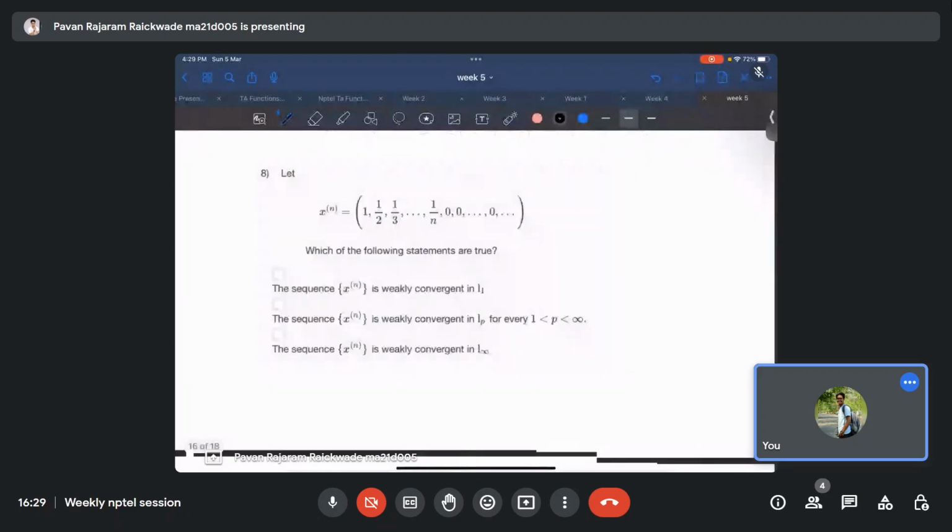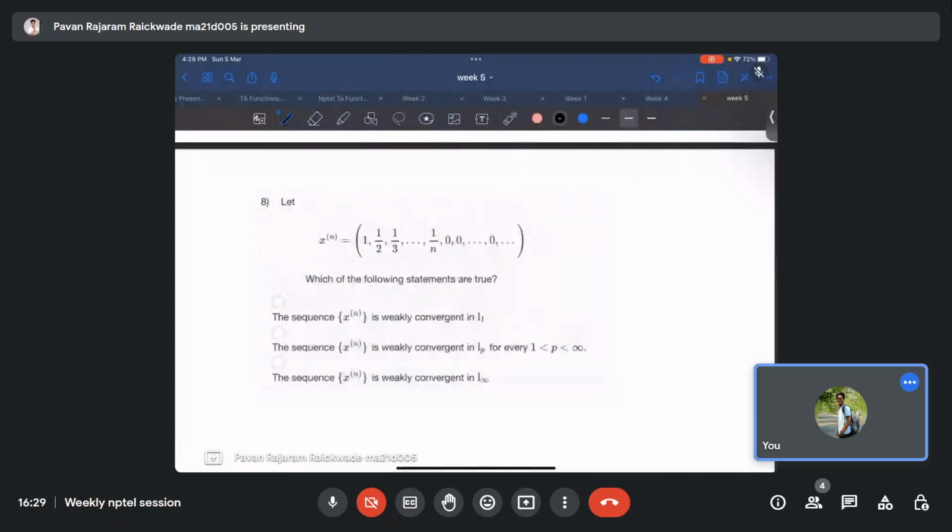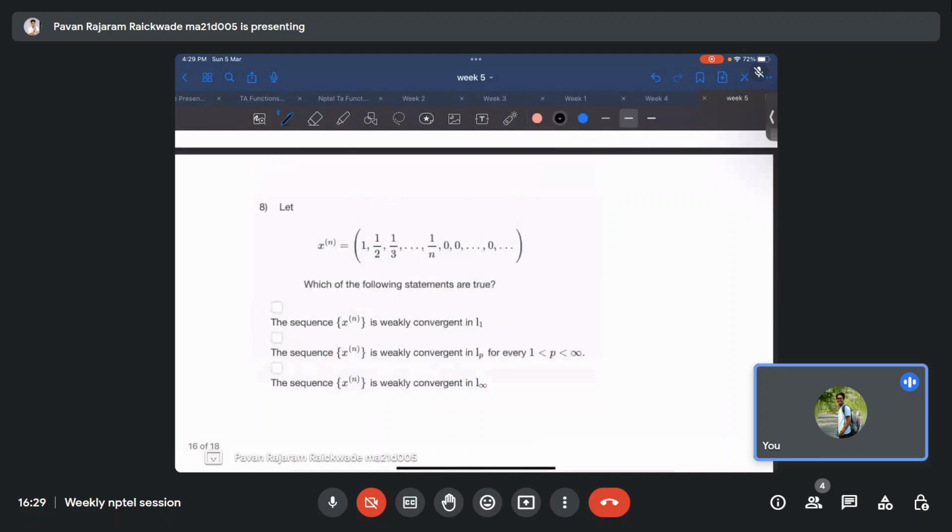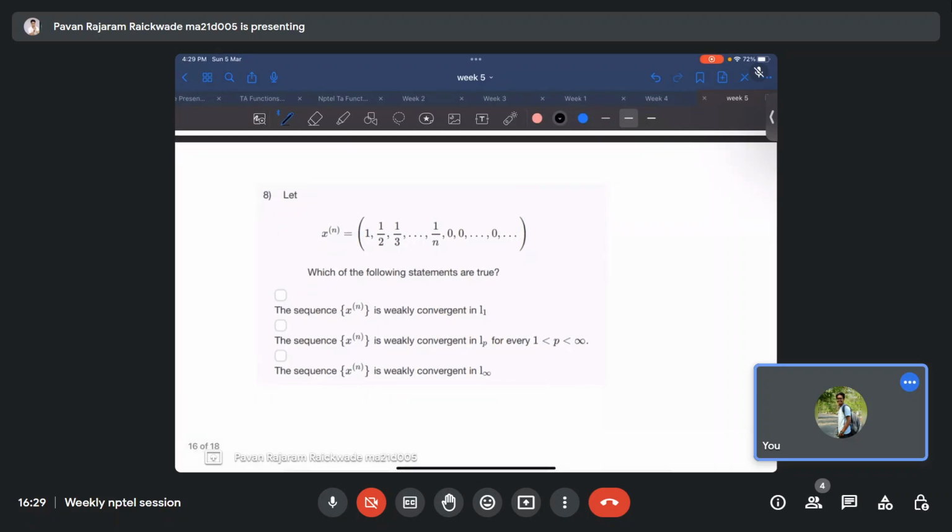Question number 8. So xn is defined like this: 1, 1/2, 1/3, up to 1/n, and then after that all 0. The sequence xn is weakly convergent in L1.